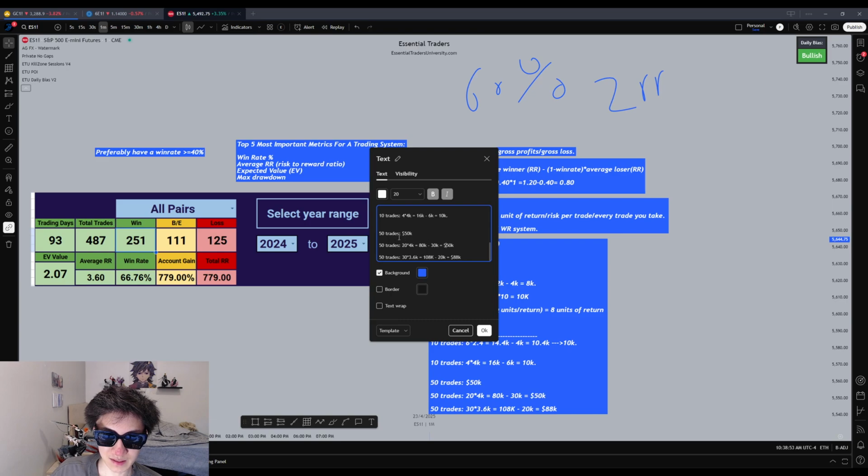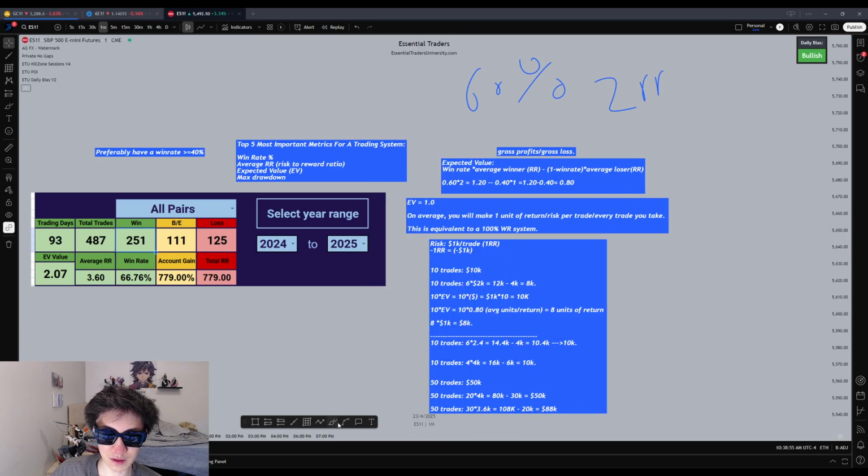So comparing my system to a system of, what did we say this was? I think we said this was 60% at 2, or 40% at 4 on average, which is equivalent to the same output of an EV value of 1.0 of a 100% win rate system. And then comparing my system next to it, let's do the math here real quick. 88 divided by 50.